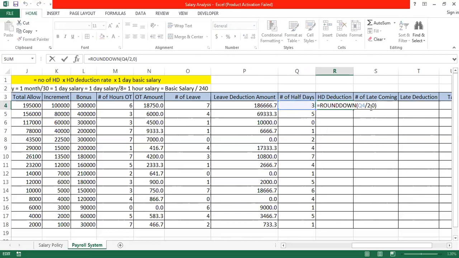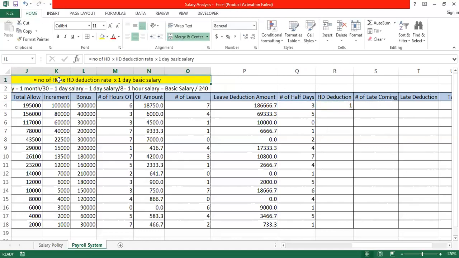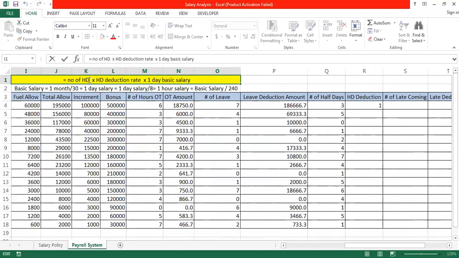So what I am going to do is apply, instead of number of half days, number of half days divided by 2, and then I'm going to round it down, so that if I have any decimal values, it is going to be rounded down to values without decimals.